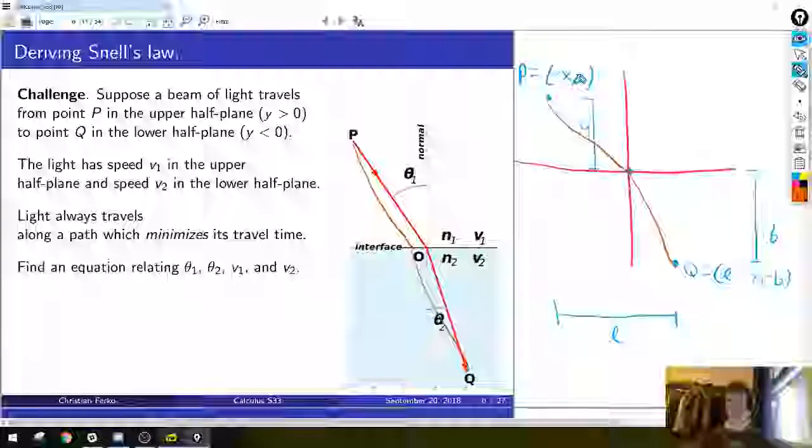So x is now going to be the distance between P and the origin. Good, okay. So suppose we've done that. Now my question to you is, what is the function that we are trying to optimize here? What is the thing we want to maximize or minimize so we can convert this to a nice calculus problem?